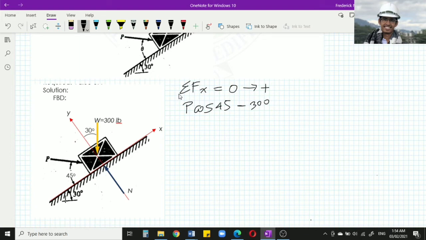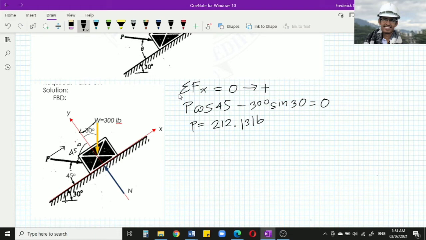So yung force ng x natin is pa ganito, so opposite niya is yung 30 degrees, so that will be sine 30 degrees is equal to 0. Okay, and yung Px din natin is pa ganito. Okay, so kung 45 degrees yan, bali ito 45 degrees din. Okay, so that will be, solving for P will be equal to 212.13 pounds. Okay, so madali lang.